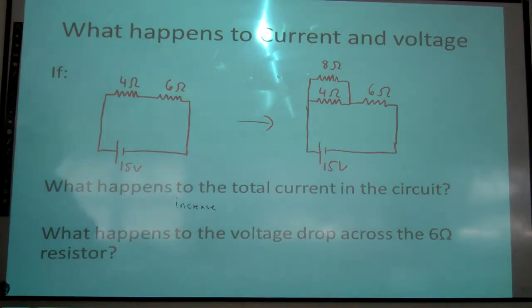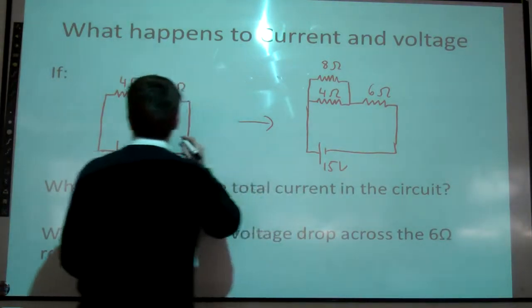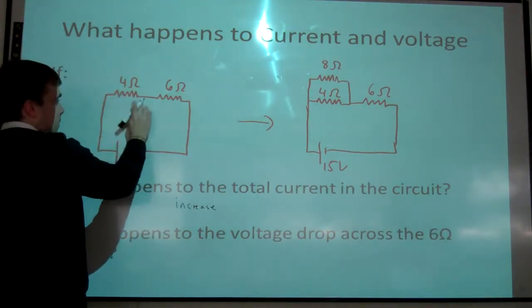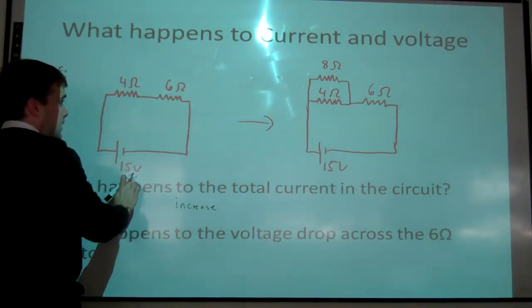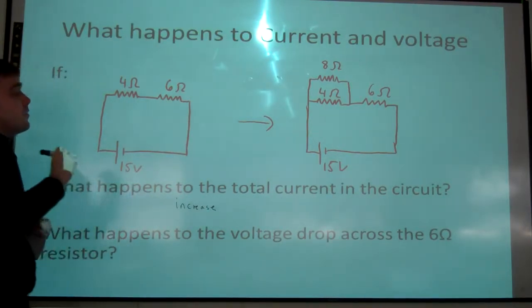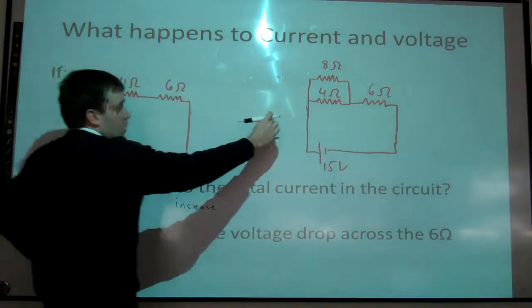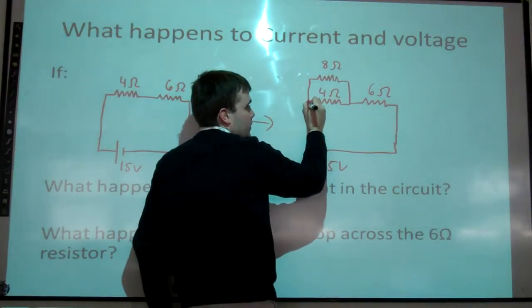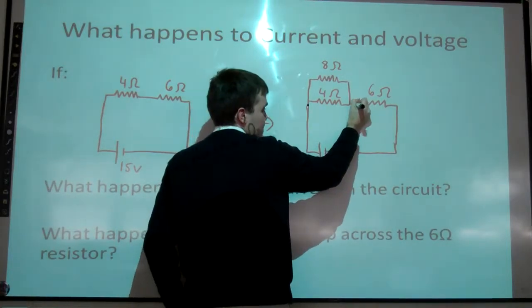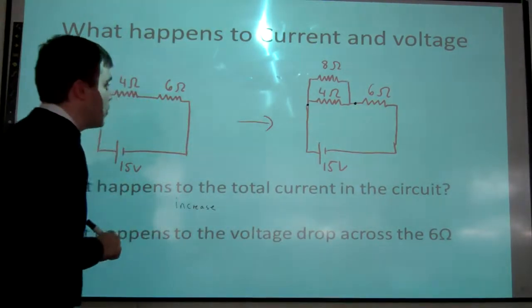And last question here, what happens to the voltage drop across the 6 ohm resistor? Before, we had a voltage drop across here and a voltage drop across here, and they add up to 15. Remember, the bigger the resistance, the bigger the voltage drop, but they still have to add up to 15. So when we added this, the voltage drop from here to here is now less than it was before. I'm going to make up numbers to hopefully make it make sense.